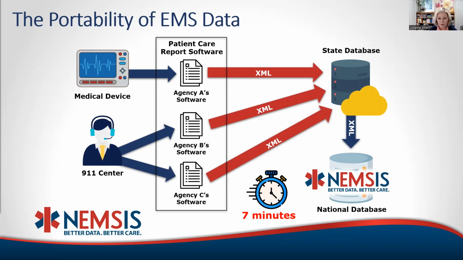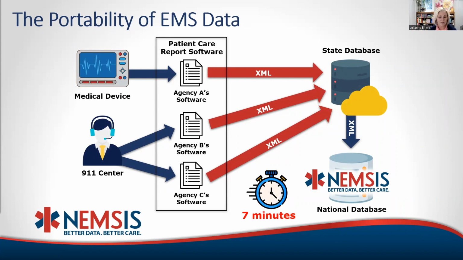This visual just demonstrates a little bit how the patient care report gets populated. Sometimes that's information directly populated from CAD, from dispatch or the PSAP, the 911 center. Sometimes that's data captured directly from a medical device into the patient care report.